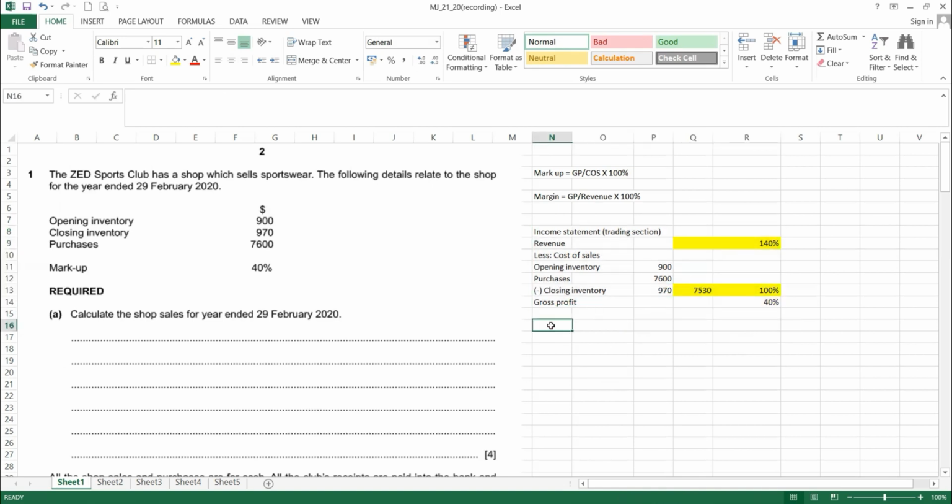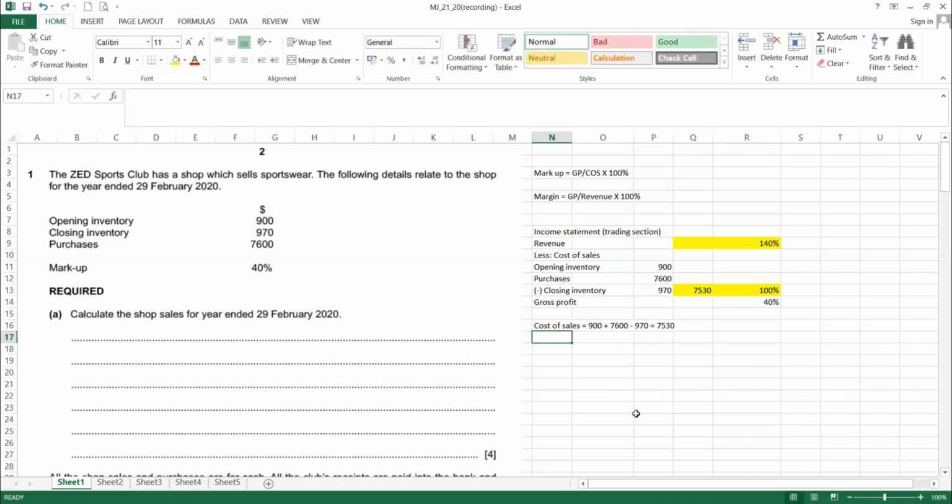Or another way is to use the calculation method. Cost of sales equals 900 plus 7,600 minus 970, which equals 7,530. This is the cost of sales.